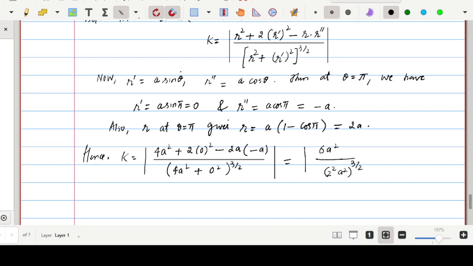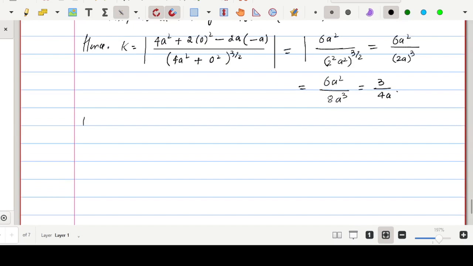To simplify it, this is equal to now 6a square divided by, अब यहाँ पे जो अंदर स्क्वायर है और बाहर पावर 1/2, ये सारा कैंसिल हो जाएगा, ये बन जाएगा 2a power 3, which we can write as 6a square divided by 8a cube. Now cancelling the common factors a and cancelling the common factor 2 from numerator and denominator, this becomes 3 divided by 4a. So therefore the curvature at theta equals pi for this cardioid is 3 divided by 4a.